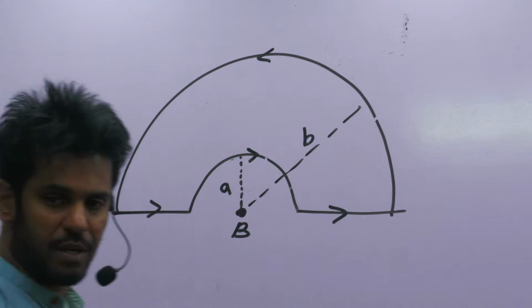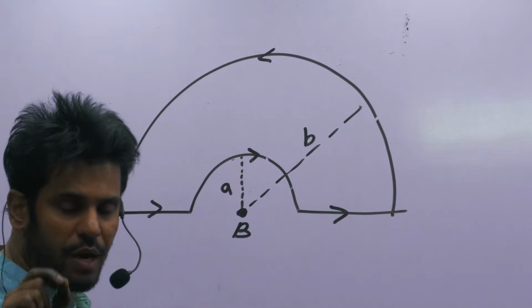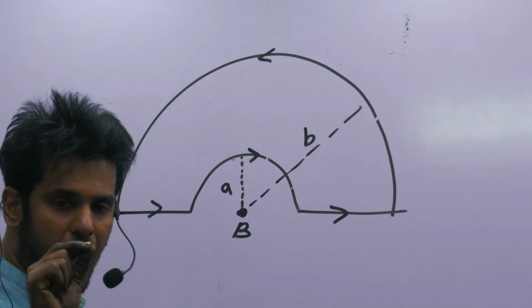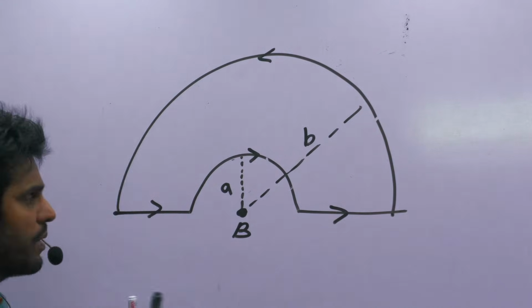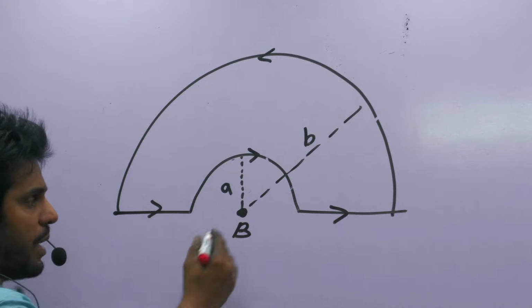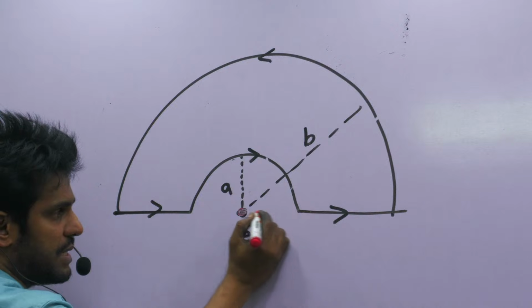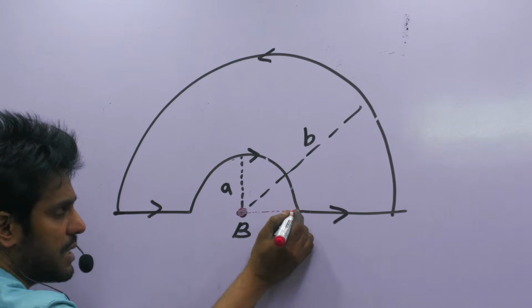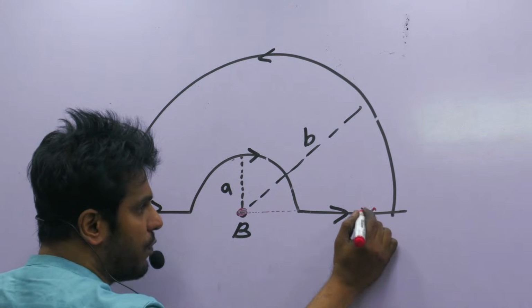Listen to me first. Now, first of all, everyone cut the unnecessary current wires first. Now we are going to find the magnetic field here. Now when you extend this line, you can meet that necessary point. So this part does not make magnetic field at it.